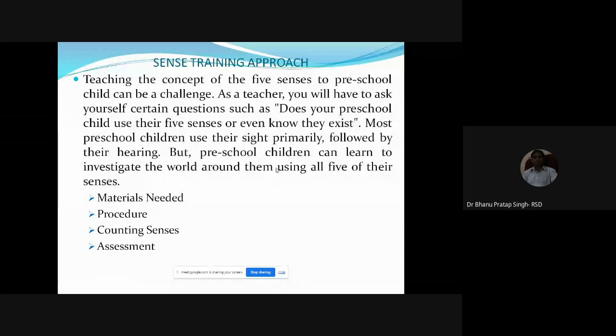Counting senses, we should be able to mold the child or to motivate the child enough to use all 5 senses for that learning. But sometimes some may be visually challenged and some may be hearing challenged. So we should guide the child to take the maximum senses for learning.